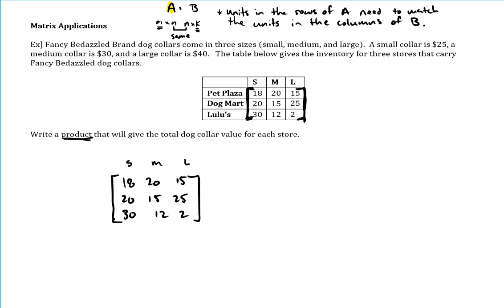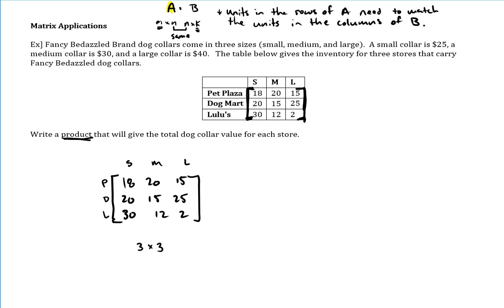And I'm going to use just the first letter of these. So this is Pet Plaza, Dog Mart, Lulu's. All right, so I'm just showing how they're organized with their columns and rows. And we do note that this currently is a 3 by 3 matrix. So that will come into play when we start to multiply.